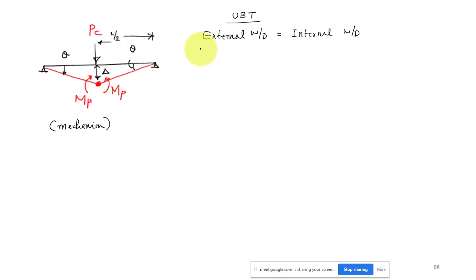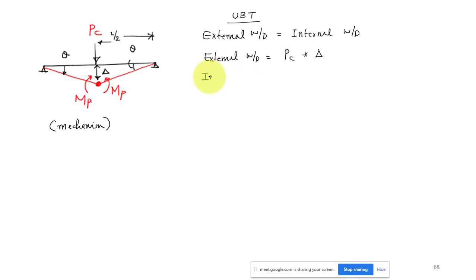The external work done means your load into the displacement. We are applying the collapse load PC, so the external work done is PC into delta.